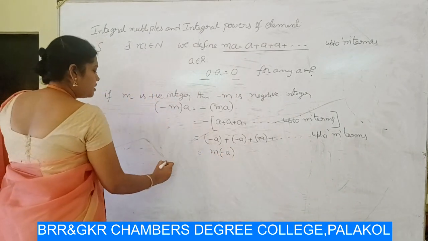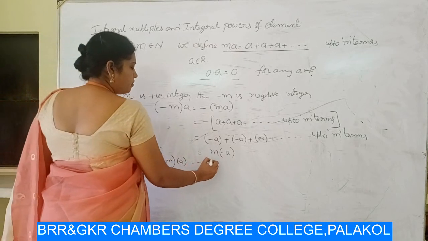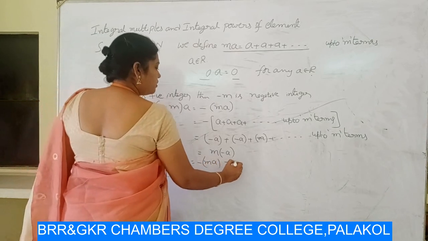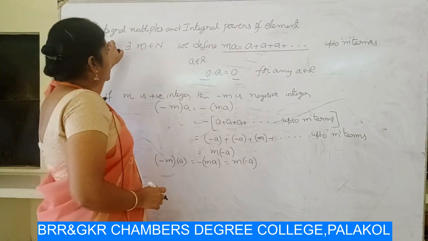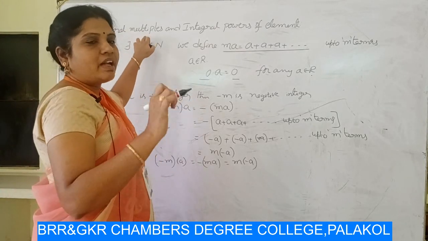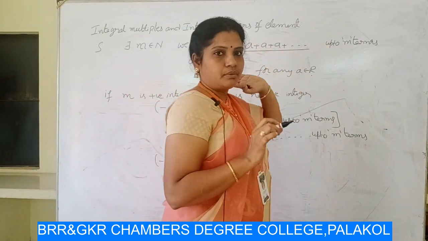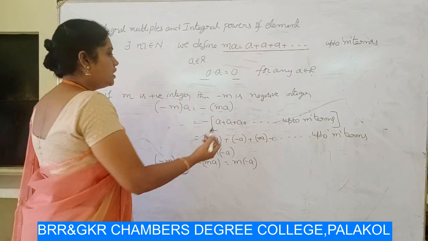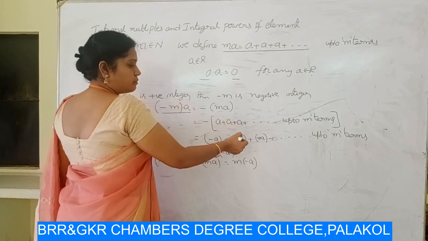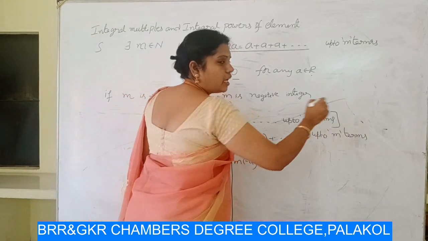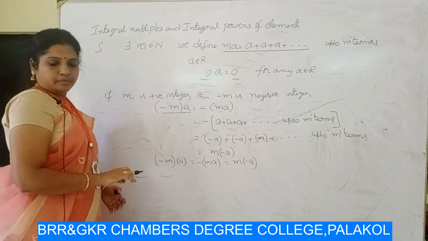So minus m into a is defined as minus of ma, that is also equal to m into minus a. So the integral multiple of an element is defined as ma equal to a plus up to m terms. If m is a negative integer, then we can define minus m into a as minus a plus up to m terms.